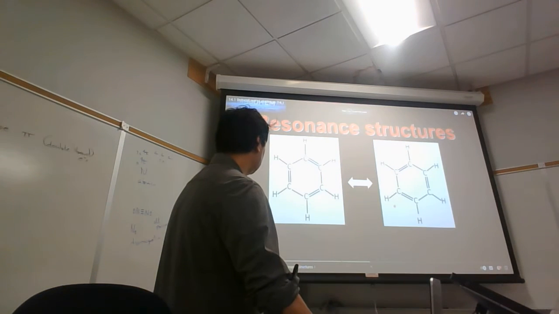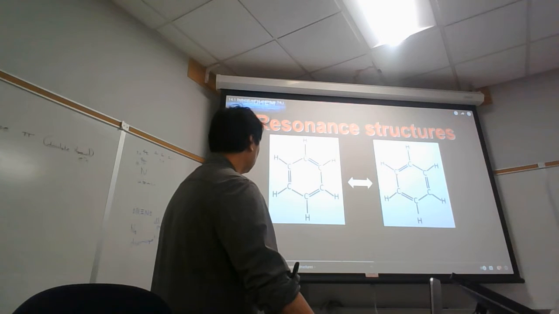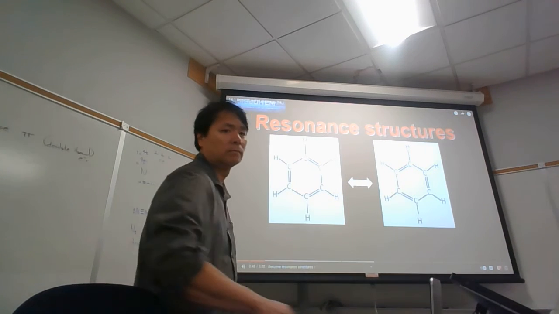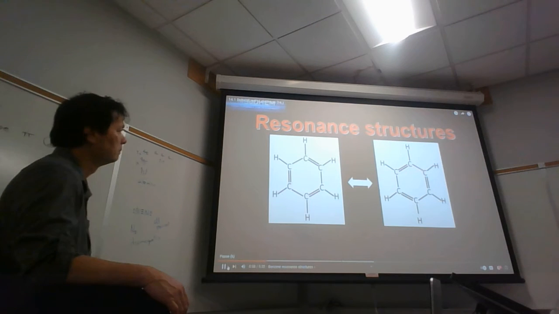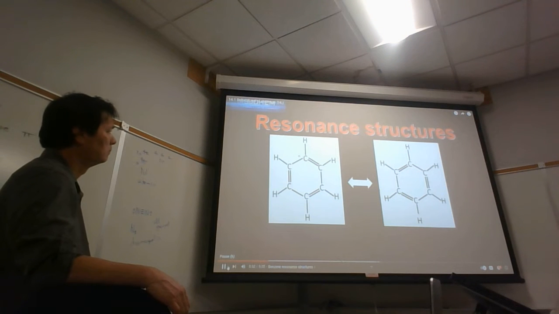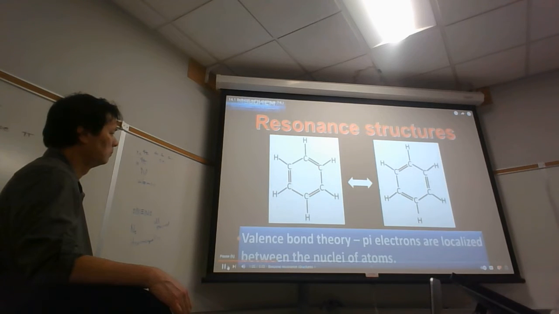All right, let's continue with this. Benzene is a classic example of delocalized electrons. Each resonance structure has alternating carbon-to-carbon single and carbon-to-carbon double bonds. The carbon-to-carbon single bonds are composed of one sigma bond, and the carbon-to-carbon double bonds are composed of one sigma and one pi bond. Resonance structures are a feature of the valence bond theory.